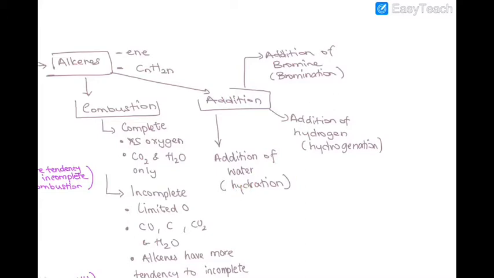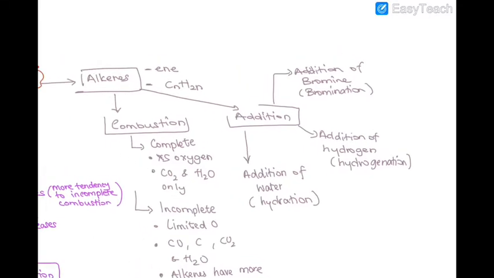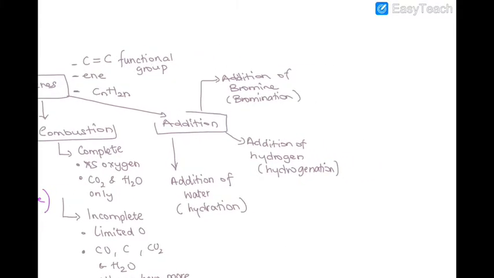Now during an addition reaction, the double bond in the alkene, so alkenes have C double bond C as the functional group, splits, and then you have the bromine that is going to add to it.